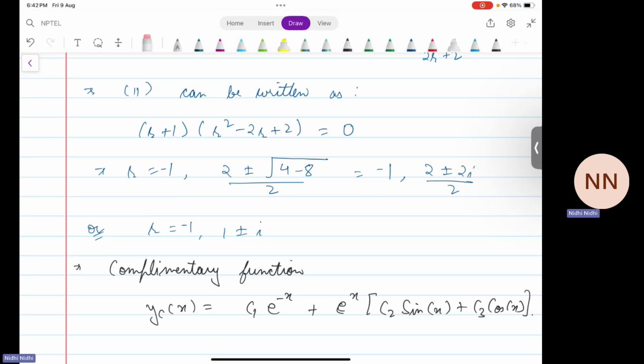Sorry, the variable here was t, not x. We'll be replacing the value of t in terms of x at the end.